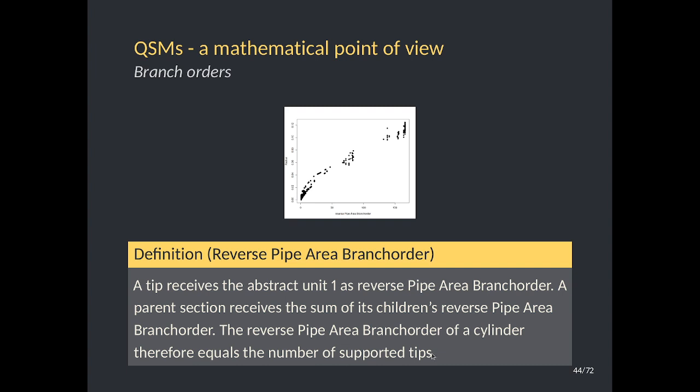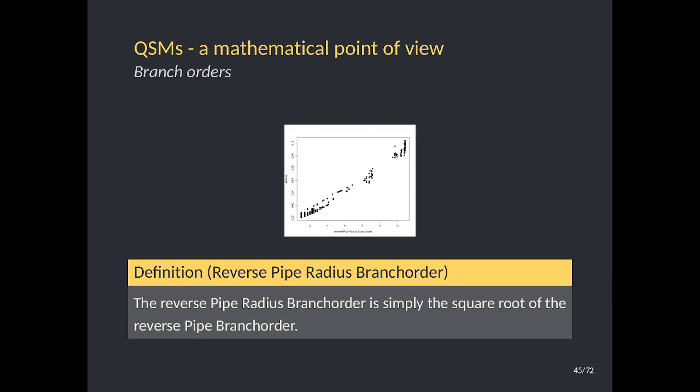A child relation is a supported tip, let's say, and we count those, and define this as the reverse pipe area branch order. The justification of doing so comes from the allometric scaling theory and the pipe model theory. If we plot it, it looks really great, but it has a slight parabolic form. So we might just want to take the square root and get a more linear predictor, the reverse pipe radius branch order.